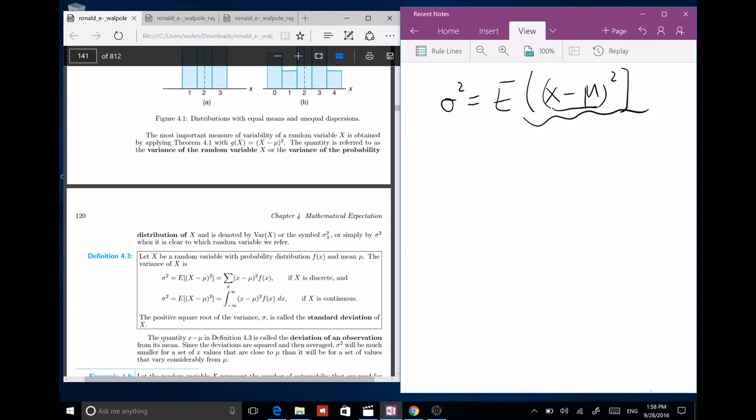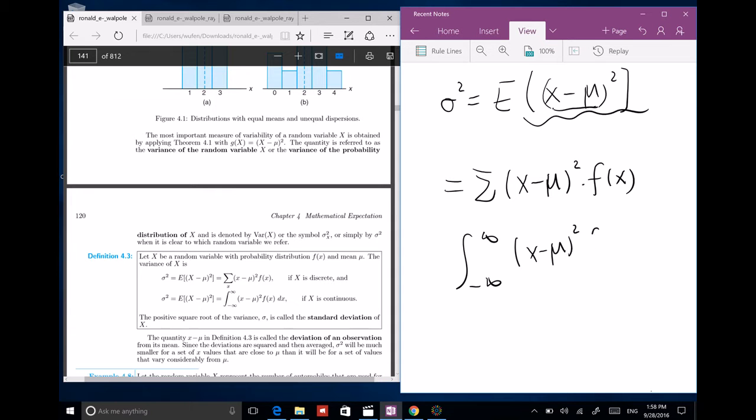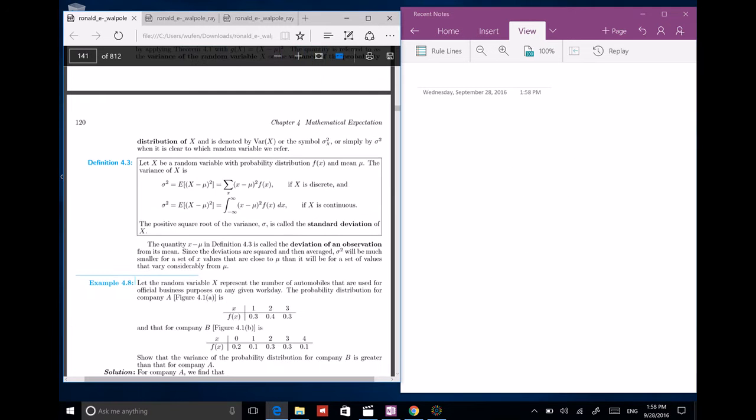For a discrete variable, the variance is (x minus mu) square multiplied by the probability. If it's continuous, it's the integral from negative infinity to positive infinity of (x minus mu) square f(x) dx. This is the definition of sigma square, the variance.